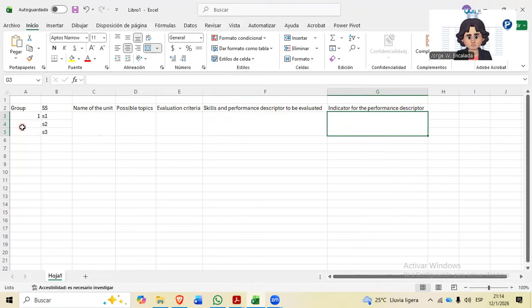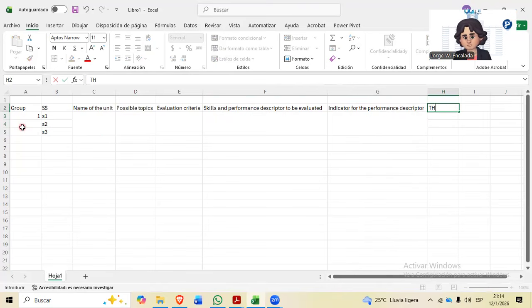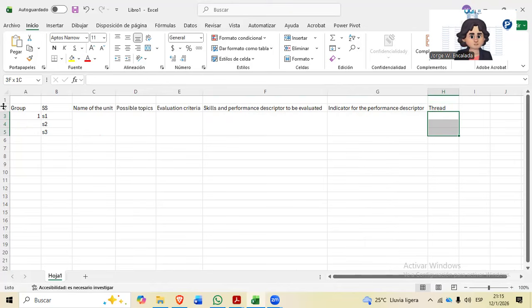If you have this correct, you are going to succeed. And of course, the curricular threads. That's also what you need. It could be 1 or 2, according to your perspective on the unit: the curricular thread or threads that you want to develop.